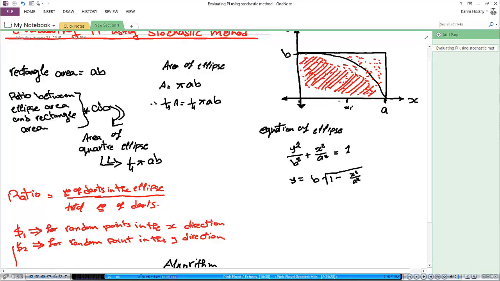It's randomly chosen, and this xi is randomly chosen. If it's here, then we'll count it to find the number of random points fallen in this area. If it's here, it will not be counted. Therefore, I need to compare with this curve. This curve is governed by the equation of the ellipse, which is y equals b square root of 1 minus x squared over a squared.